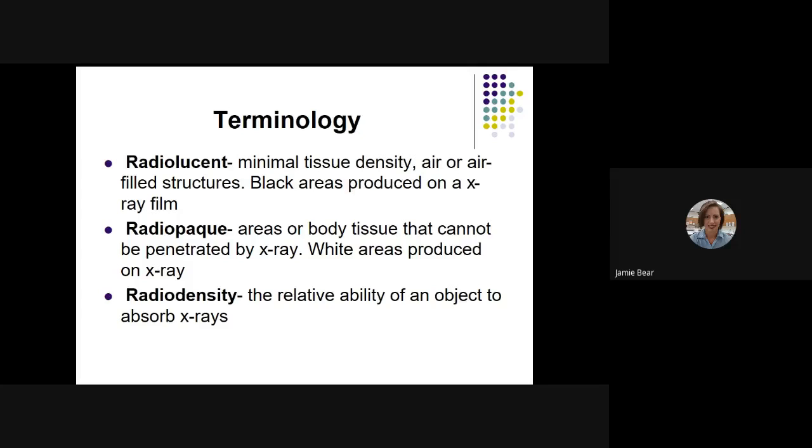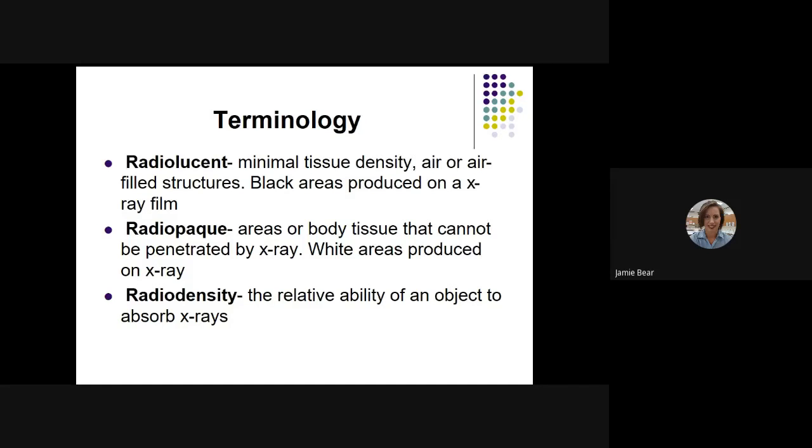Radio-opaque is an area or body tissue that cannot be penetrated, so it's thicker, and then it'll produce a white area. Okay, so I like to remember radio-opaque as opals. You know, opals appear as white, so opaque, opals. So radiolucent, air, black.